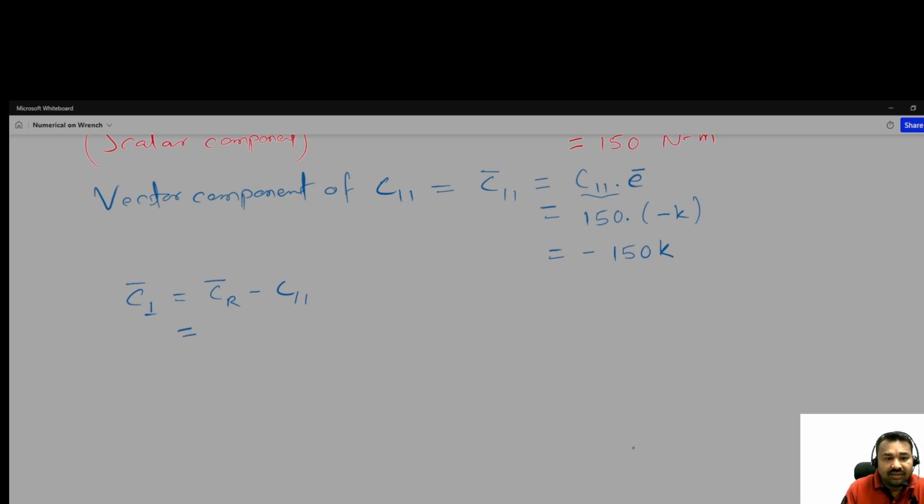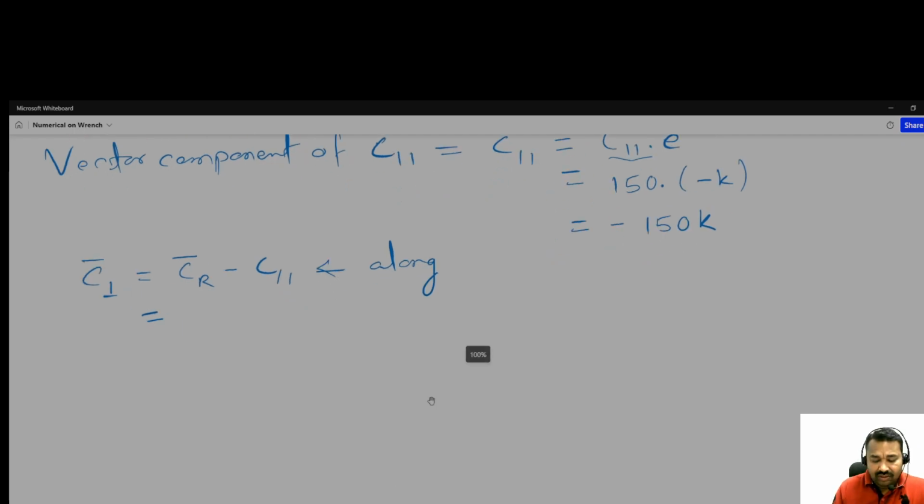So what is CR here? 1200I, this we know, plus 1200J minus 150K. And what about C parallel? C parallel is minus 150K. Okay.